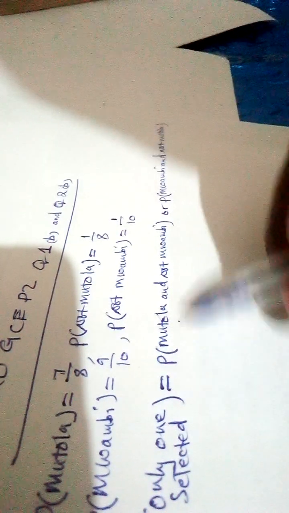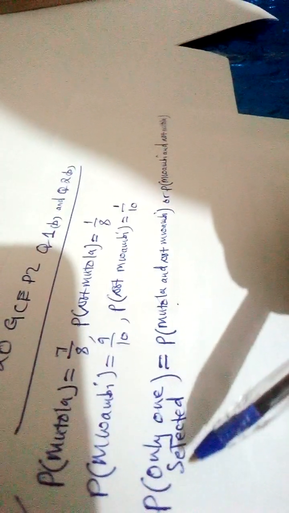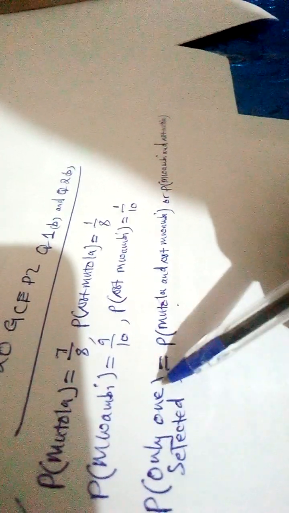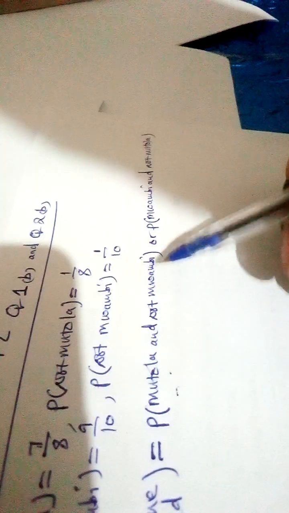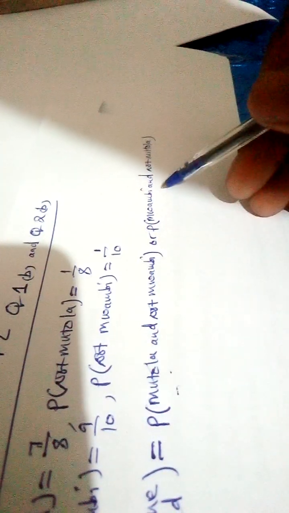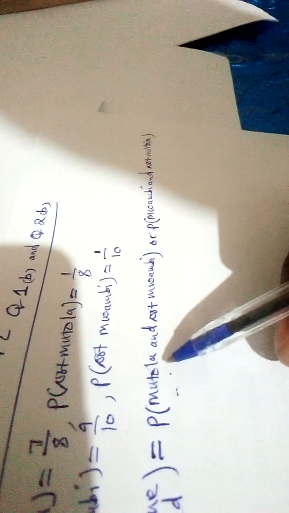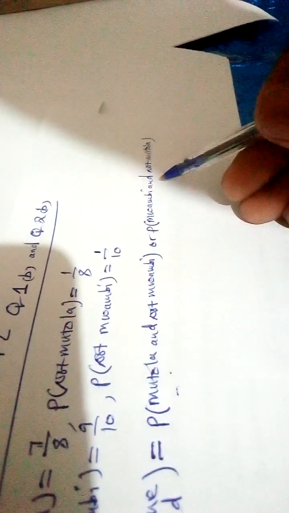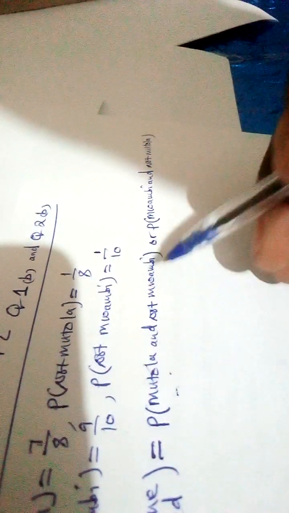The question is to find the probability of selecting only one person. So here it is only one person being selected: Mutola and not Mwambi, or Mwambi and not Mutola. You've seen that? Mutola and not Mwambi, or Mwambi and not Mutola.